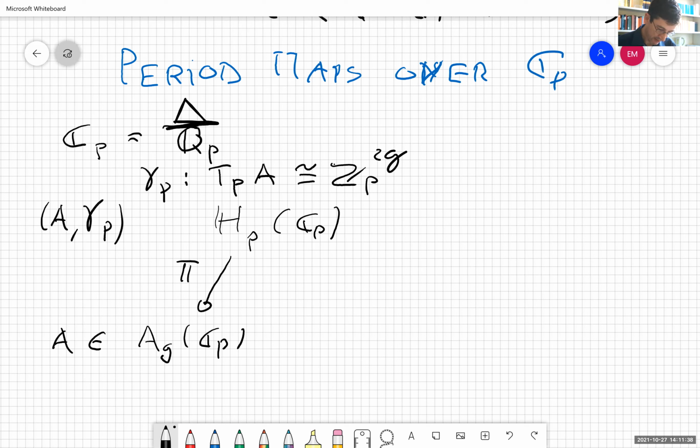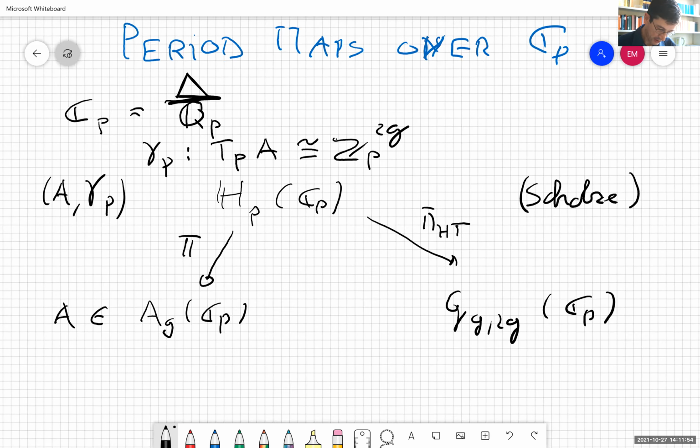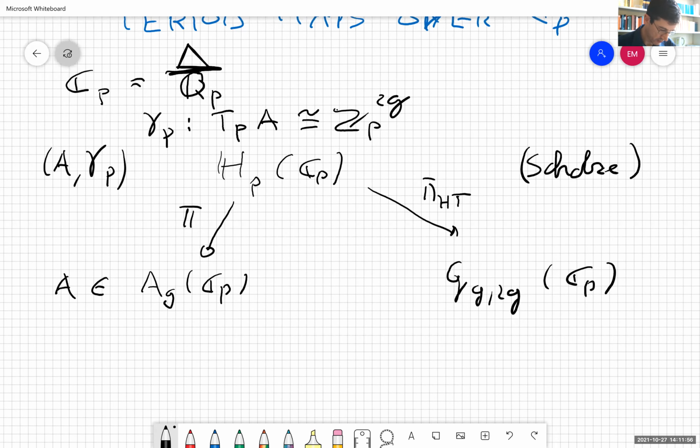And actually, you also have a map, π_HT, Hodge-Tate. This is due to Scholze, which goes to the Grassmannian variety, as the C_p points of the Grassmannian variety. And it works as follows.